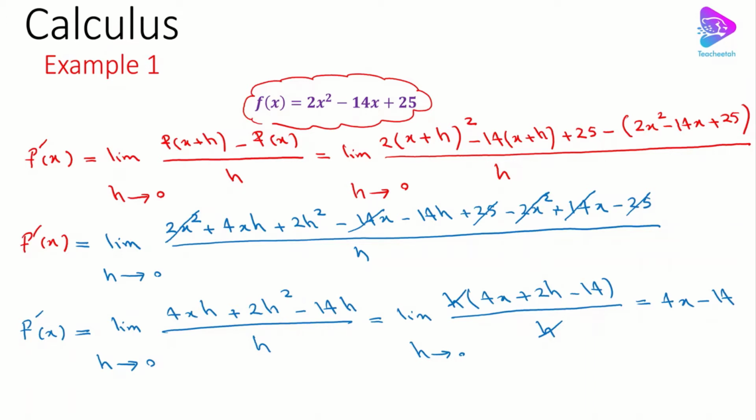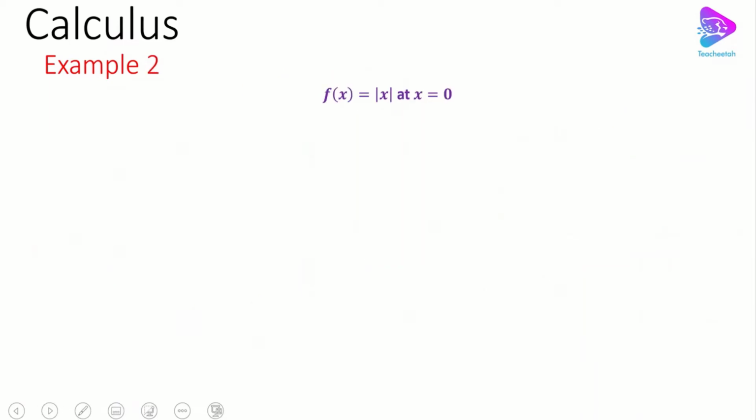Let's look at the second example for today, which is f of x equal to the absolute value of x, and we want to find the derivative of this specific function at x equal to 0. Again we have to use the definition of the derivative, which is actually a limit.